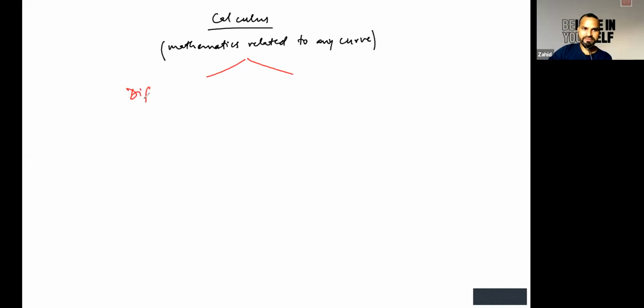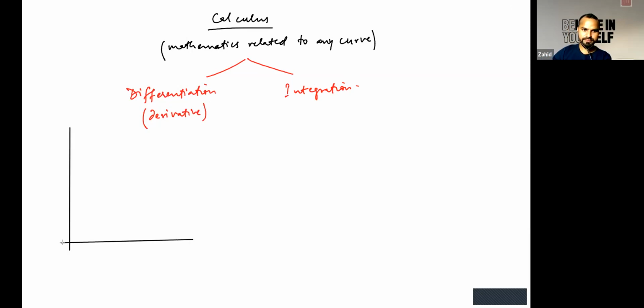First is called differentiation, or derivative. Second is called integration, or sum up. So what do you mean by differentiation and integration? I'm defining it. Let's say you have a curve like this.